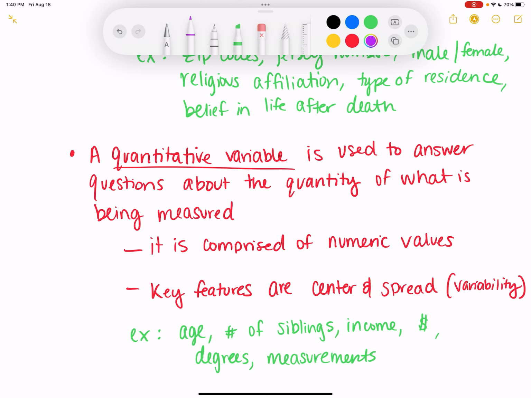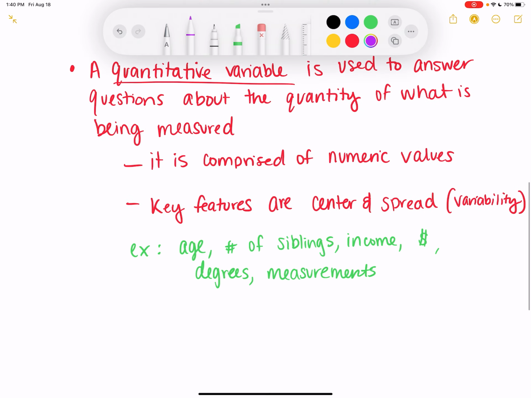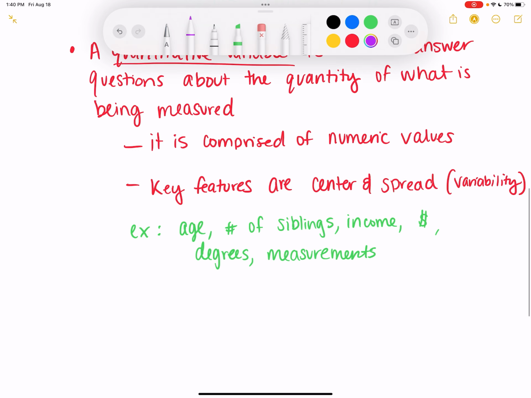So quantitative is more about quantity. Categorical is going to be more like a number that's used to name something. Okay. So then within quantitative, it can be either discrete or continuous. So we're going to talk about those two different categories within that.